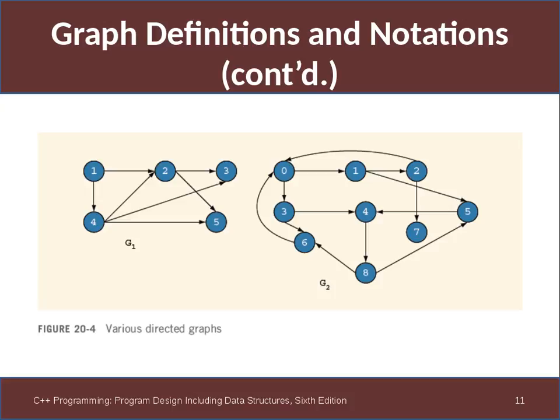So there's no parent-child relationship here. So what do we have? A bunch of things pointing to one another. And what is the pointing called? An edge. And what are the things called? Nodes. All right, there we go. So a graph is just a collection of nodes, or vertices, and edges.